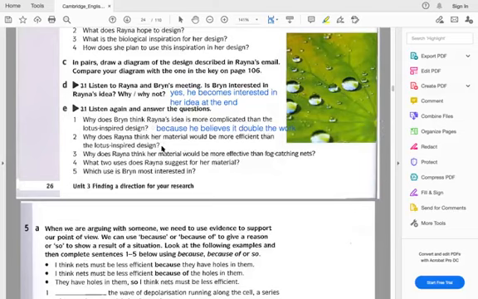Why does Raina think her material would be more effective than the fog-catching nets? She thinks that it is more efficient than in the beginning the Lotus-inspired design.